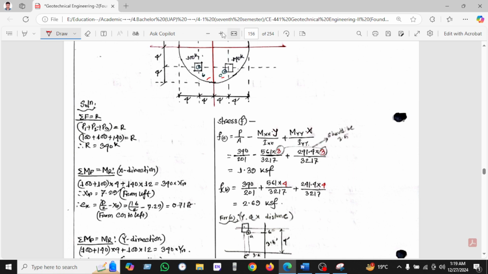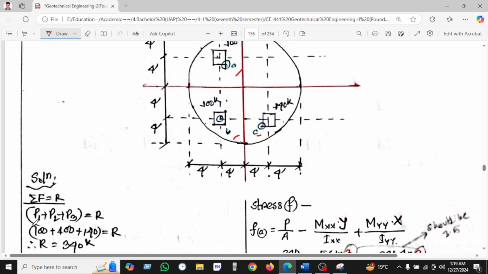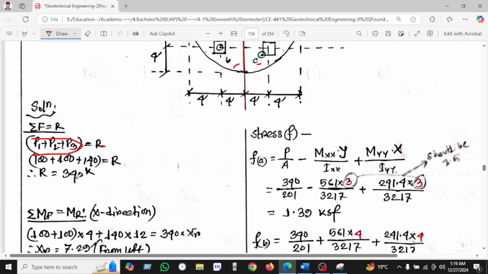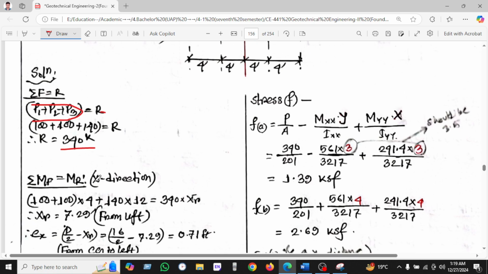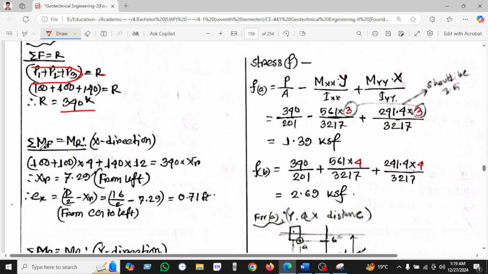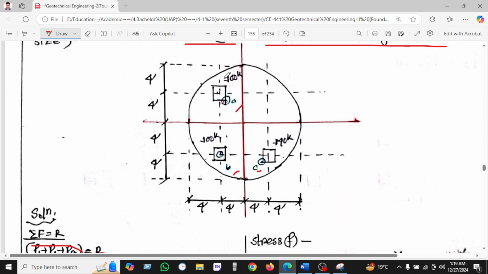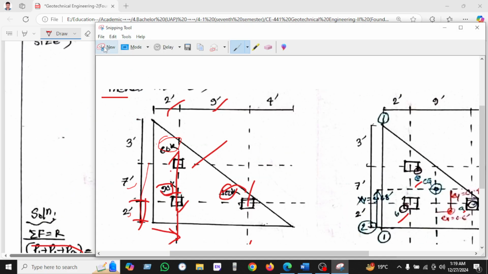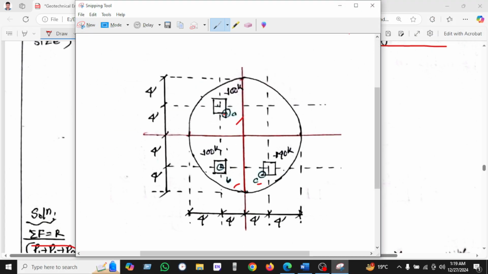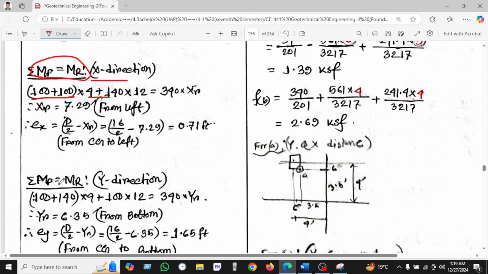In this way, we will calculate the induced forces P1, P2, P3. So this is the P1, P2, P3, and R1 resisting is 340 cube, and induced moment equal to resisting moment in x direction, 100 into 100 into 4 y. This is because we are taking only two loads, first this load and this load, and it is situated at distance x.